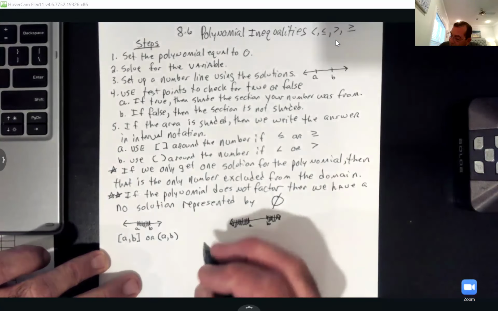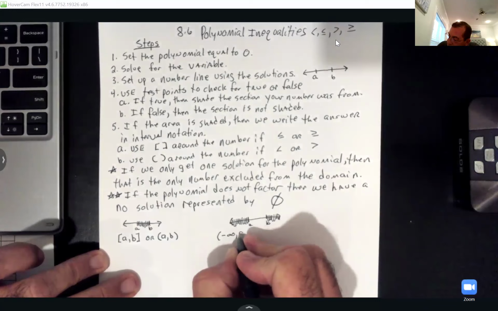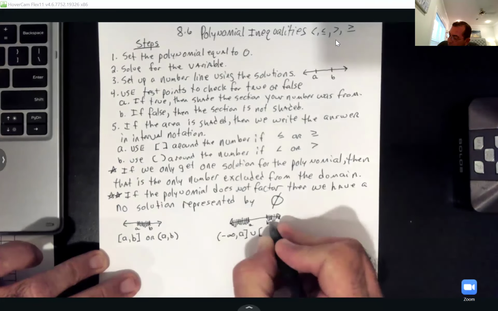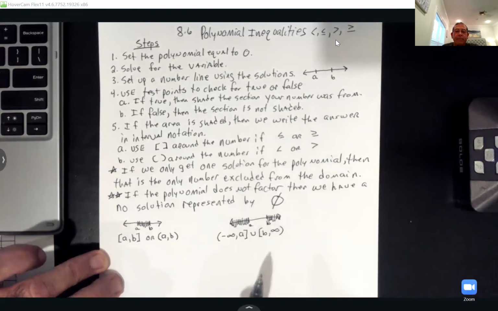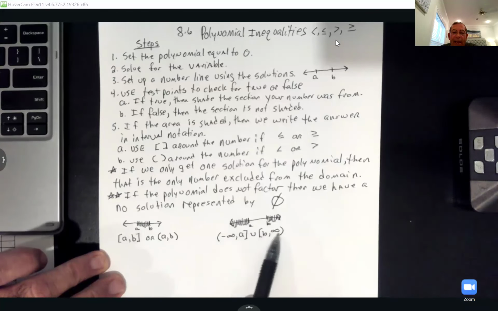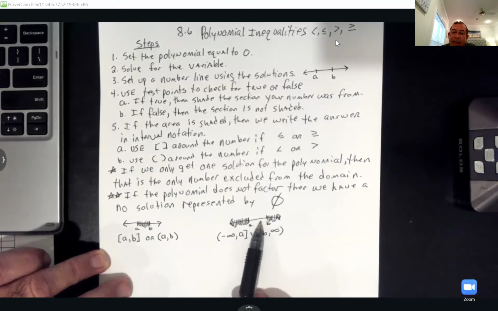If it shades on the ends, our interval goes from negative infinity to the number, and in union from the second number to positive infinity. Okay, so the shaded areas would be represented. This is the left shaded area, and that's the right shaded area. We can't union from A to B in here because it's not shaded, okay?